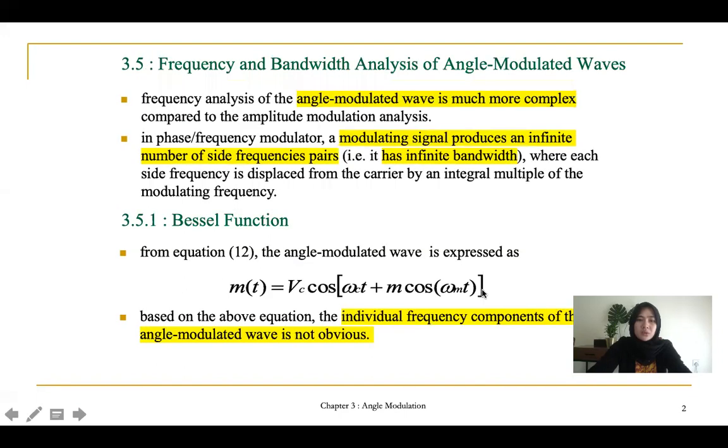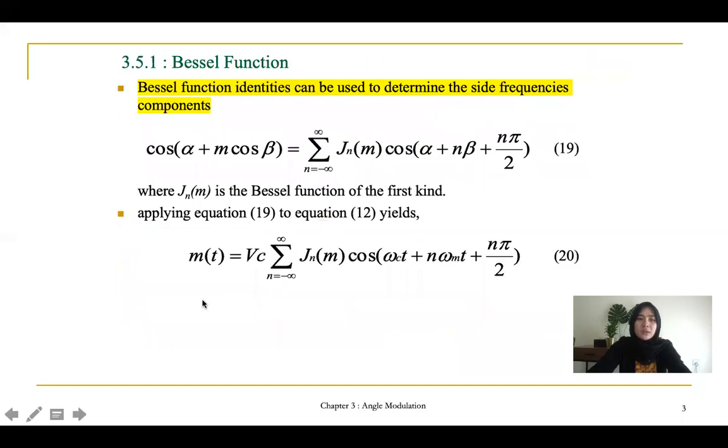So what you need to do is apply equation 19 to equation 12. This is equation 12. You will get equation 20, which is m(t) equals Vc times the sum of J_n(m) cos(omega_c t plus n omega_m t plus n pi over 2).